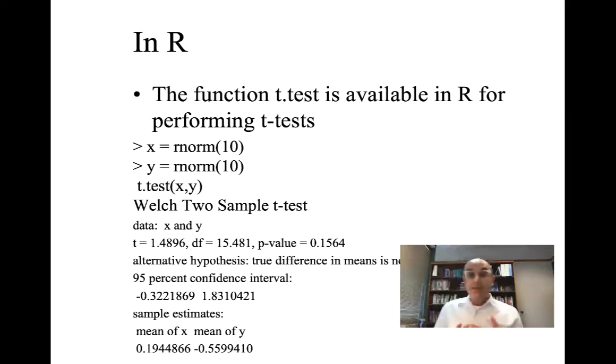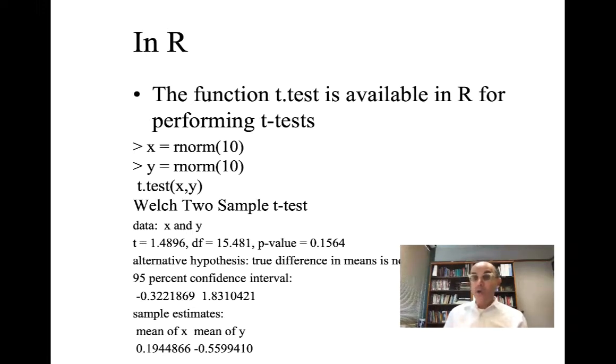Okay, the most important thing for us is that the t.test function is available, so it will allow us to test x as our norm and y as our norm. If we apply the t-test to x and y, it will give us the following result. It will give us the t statistic, the df, and the p-value.